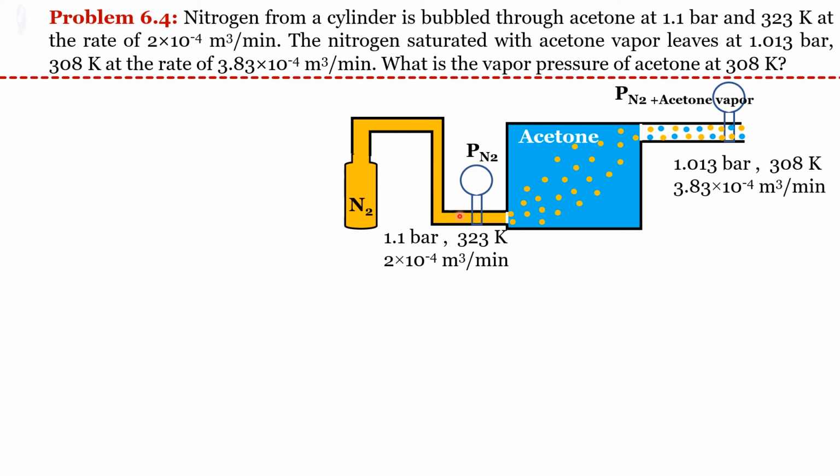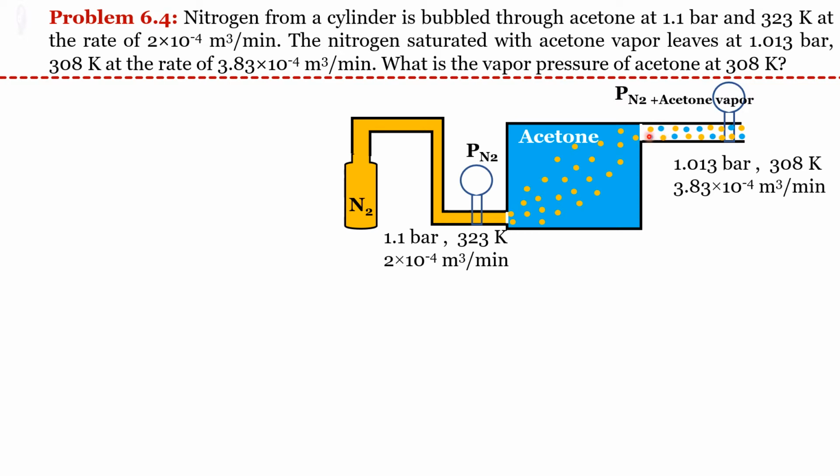Once we have estimated the total moles of N2, we can assume the operation of 1 minute because it is a volumetric flow rate per minute, and we can assume that in 1 minute the same number of moles of N2 will come out. Some amount of acetone will get converted into vapor and will come out along with N2.